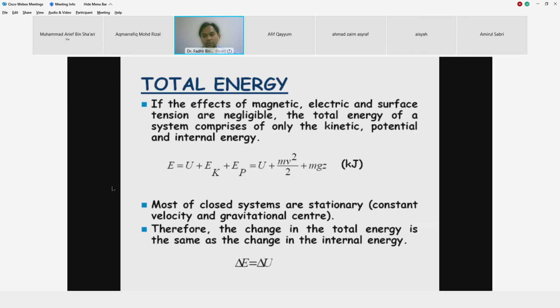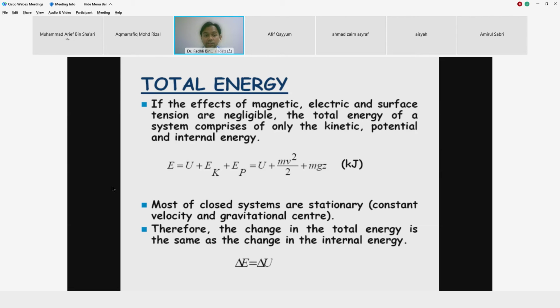Then internal energy: you yourself have molecules inside, so you bring your own internal energy. You can add on your internal energy, or even your chair.